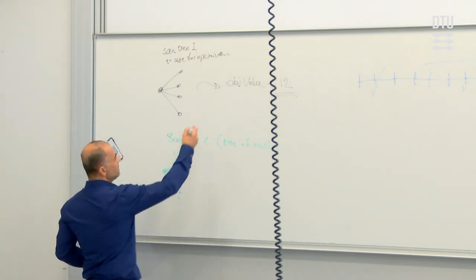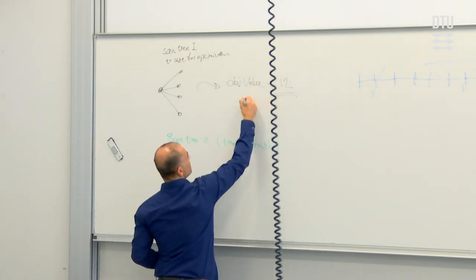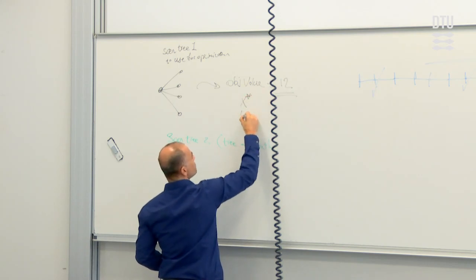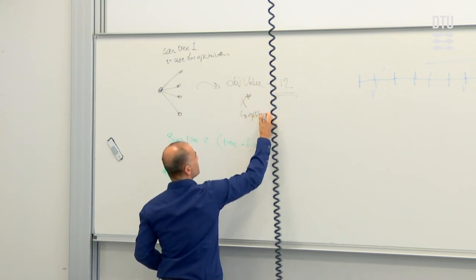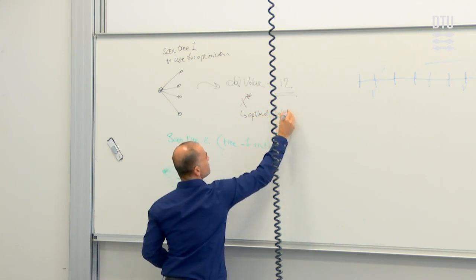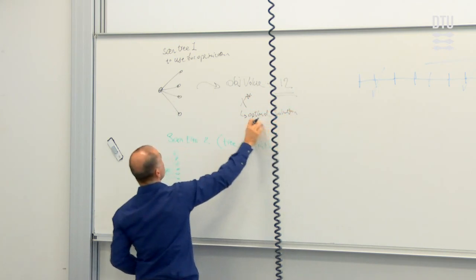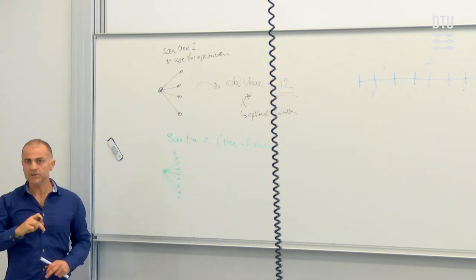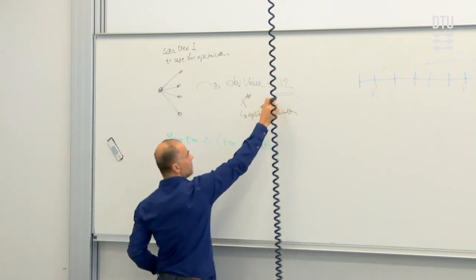Now I say, well, I have an X star, which is my optimal solution. With this optimal solution, in the tree that I use for optimization purposes, I get an objective value of 12.